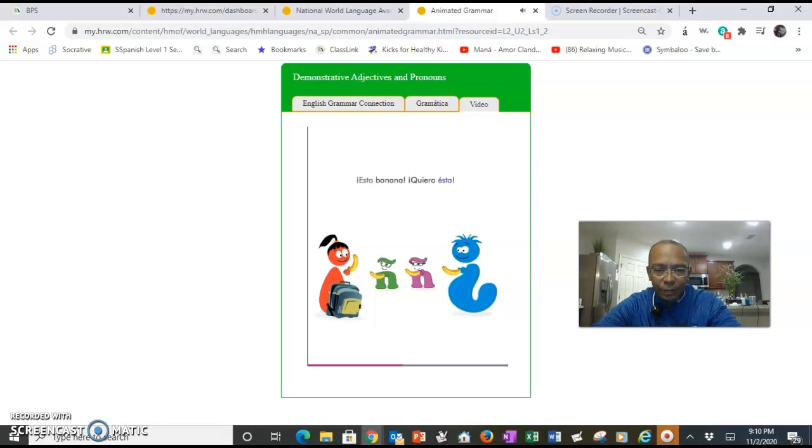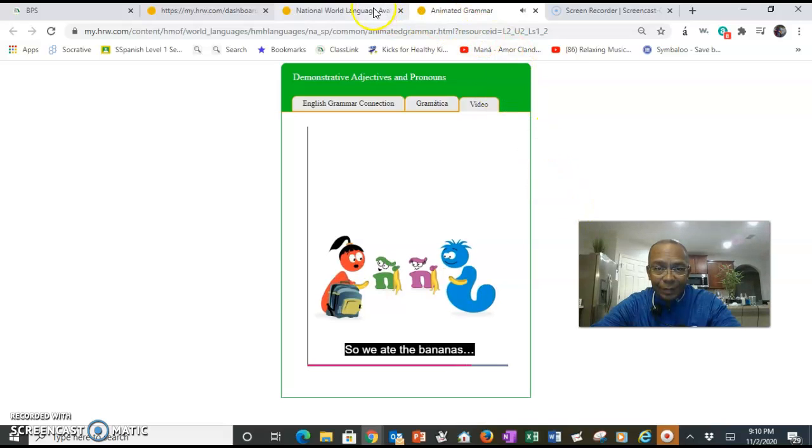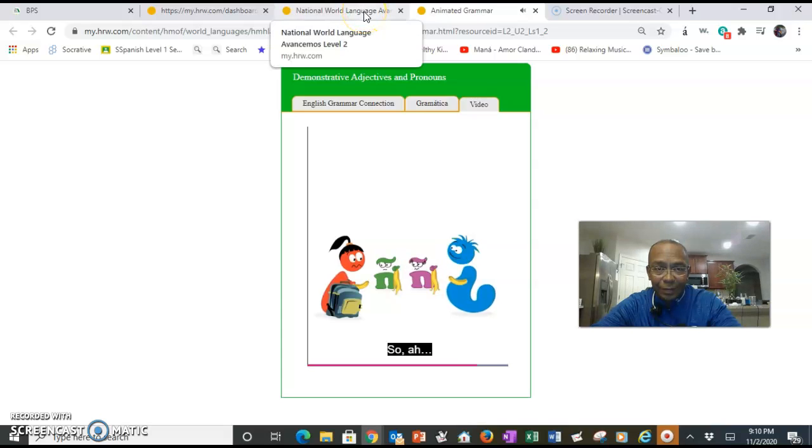Esta banana. Quiero esta. Okay, Pablo. Okay. Esa banana. Pablo quiere esa. Okay, Toño y Toña. What? Aquellas bananas. Ellos quieren aquellas. Hey, wait a minute. We were hungry. Did we mention? So we ate the banana. Is that so wrong? So, can we go now?